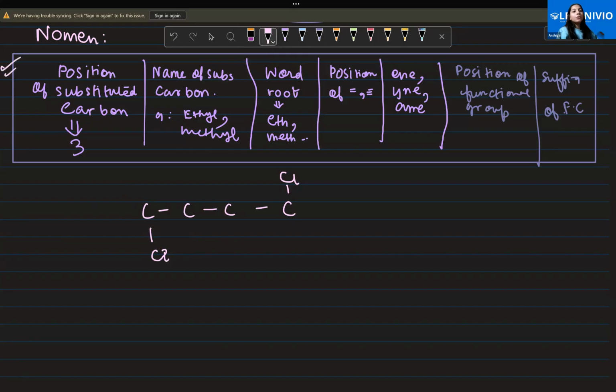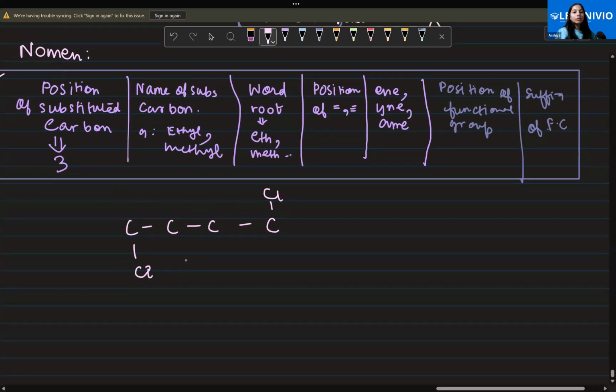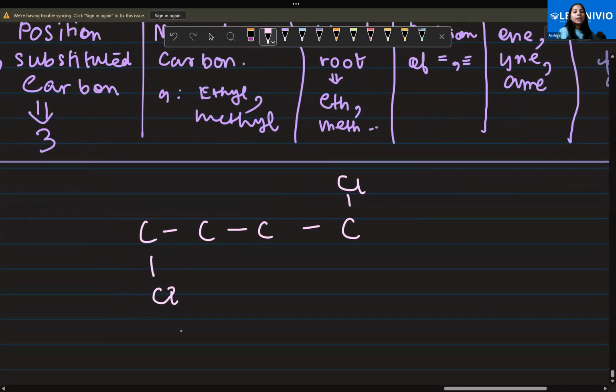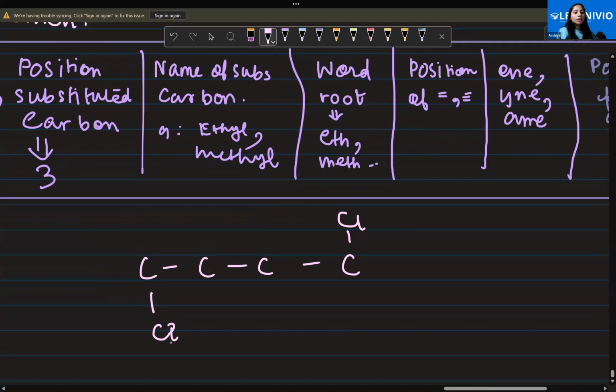Do you see any substituted carbon? First and last. No, no. These are chlorine. Are you talking about these? Yes. These are chlorine. Substituted carbons are ethyl, methyl, CH3, C2H5.